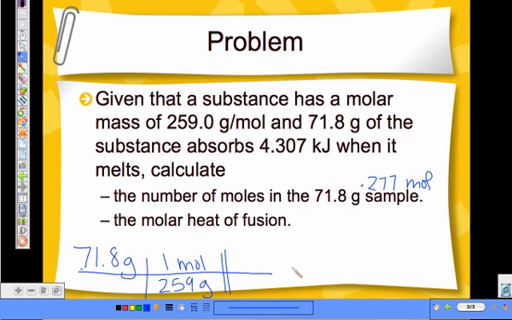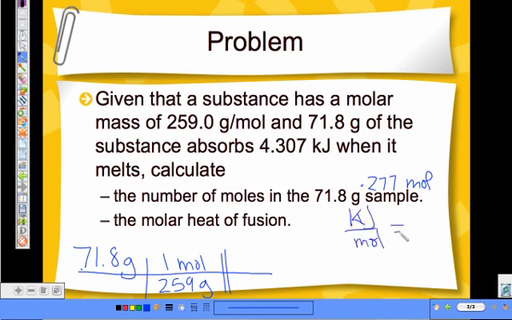So the energy required to melt 1 mole. So if we know that it takes 4.307 kilojoules to melt 0.277 moles, how would we find 1 mole? Right, we want our units to be in kilojoules per mole.